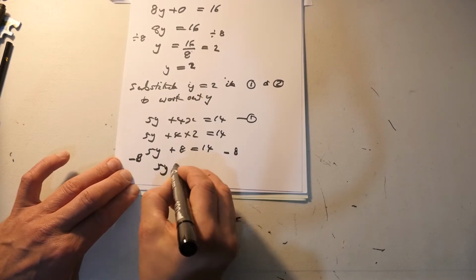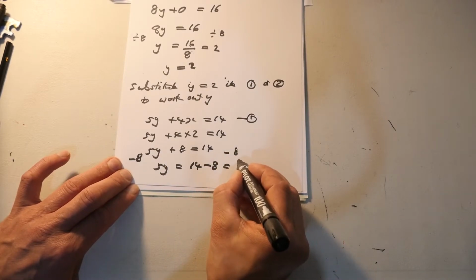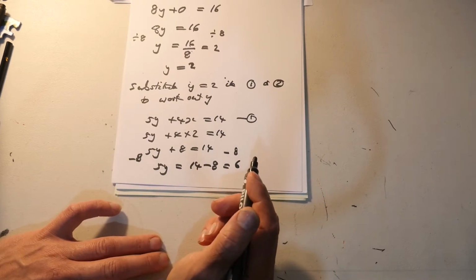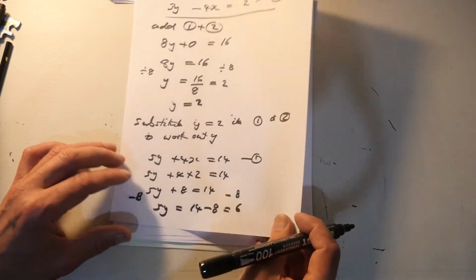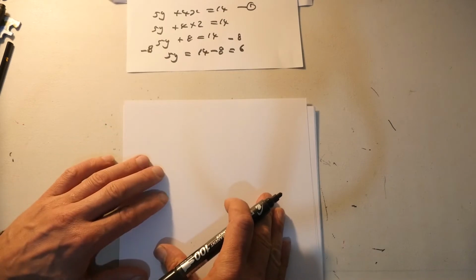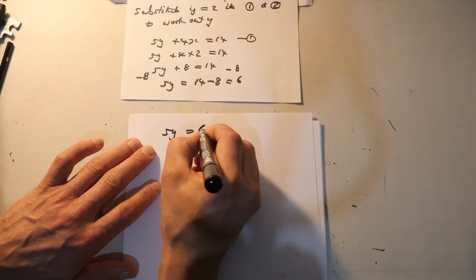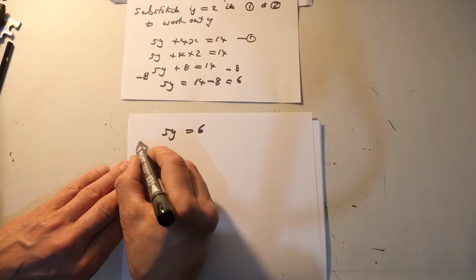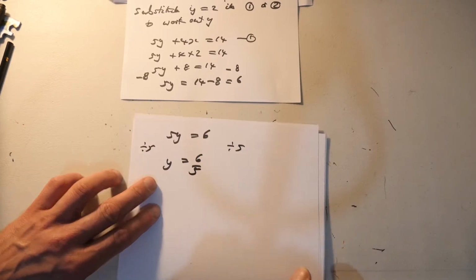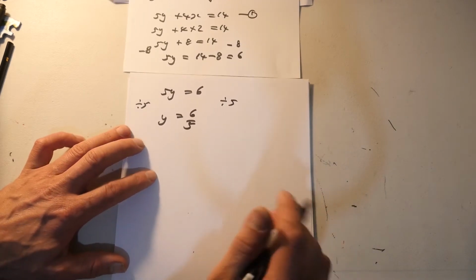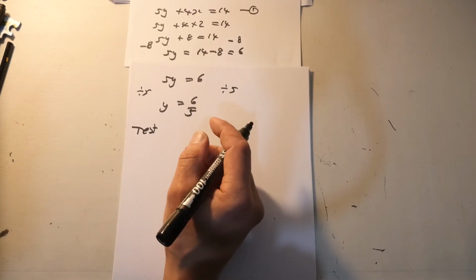So you get 5y equals 14 minus 8, which equals 6. So you get 5y equals 6, and divide both sides by 5, you get y equals 6 over 5. That's not such a clean answer, but we can test it, okay? Hope it works, otherwise we'll have to redo it or check it.